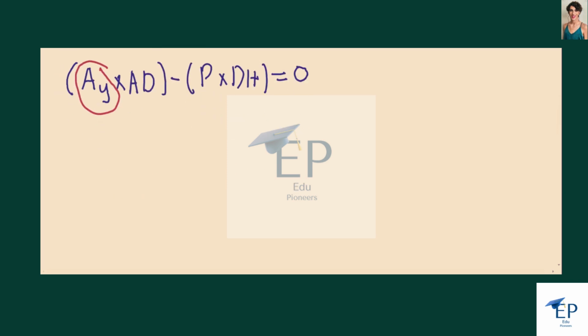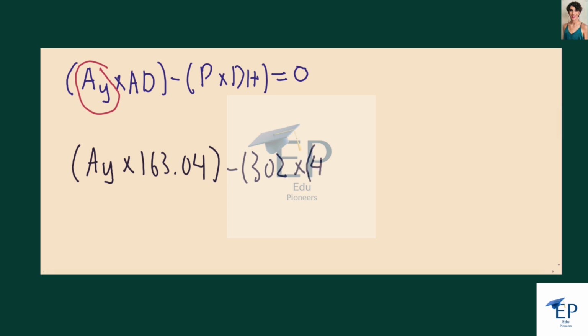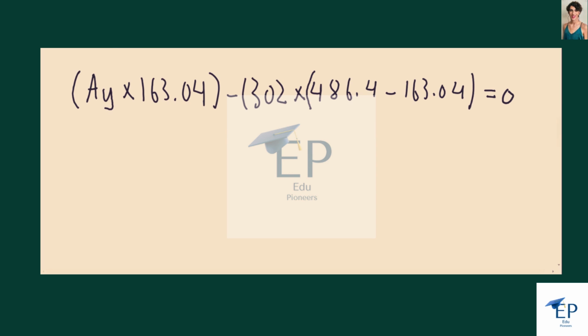So that's going to look like A of y times 163.04 minus 302 times 400. So to get the length DH, we do 486.4 minus 163.04. Set that equal to 0. And we solve for the unknown variable A of y, the y component of the reaction.